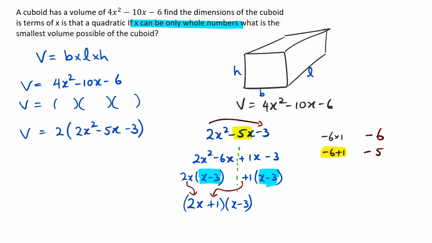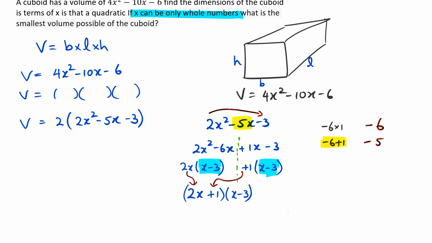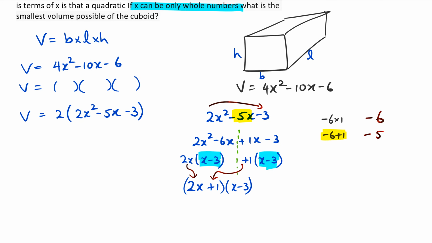Now what we need to make sure is that none of these brackets equals 0 or is less than 0, because remember that the sides have to be greater than 0. That's what it says by whole numbers. So what I could do is find out for what values of x these two brackets equal 0.